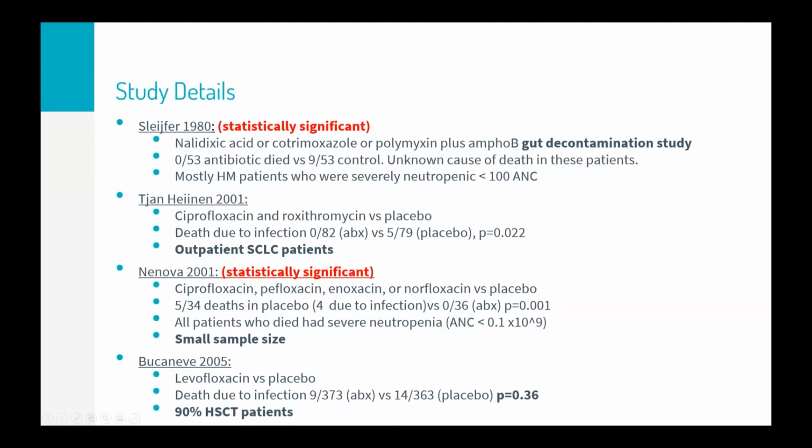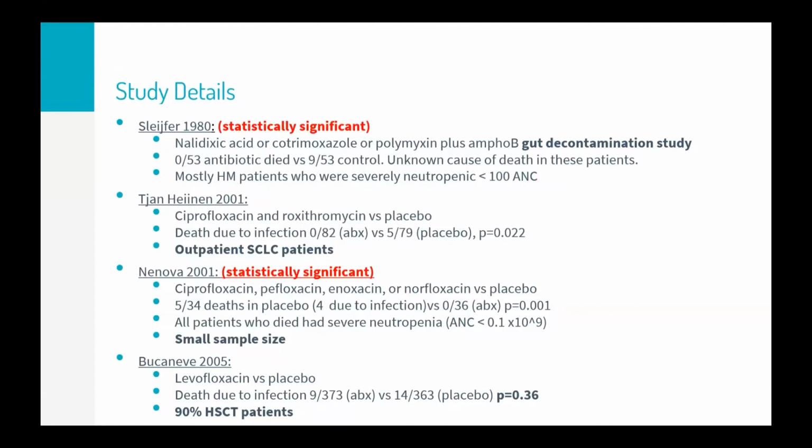And the last study by Vancomycin in 2005 was a pretty well done study in my opinion, but can only be applied to stem cell transplant patients, since that was the majority of their patient population. They compared levofloxacin to placebo and didn't have a statistically significant outcome.